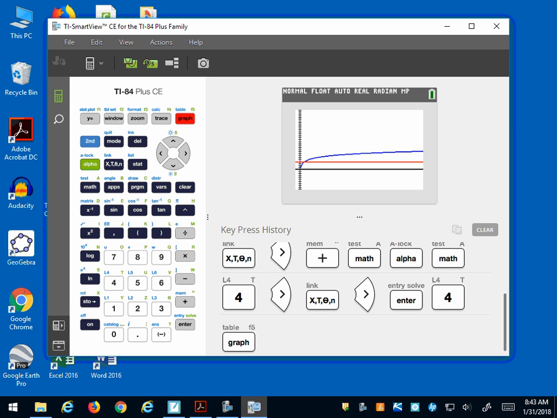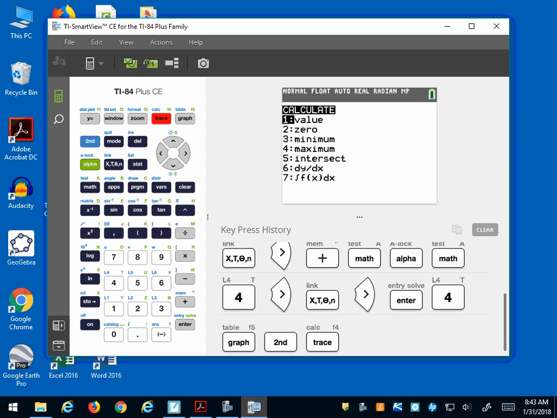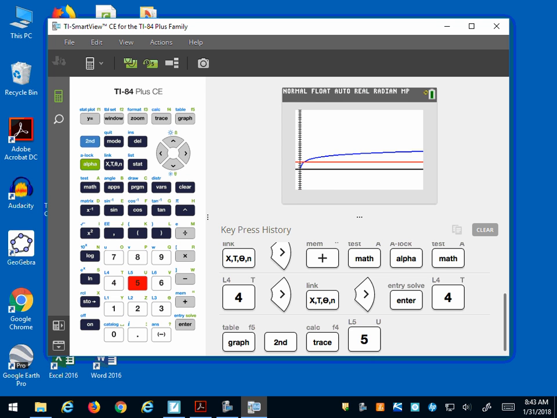So I'm going to do second, calc, intersect, first curve, second curve, 11.6869. So to the nearest hundredth would be 11.69.